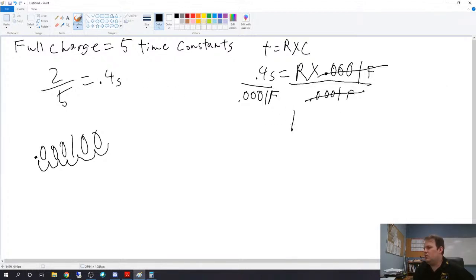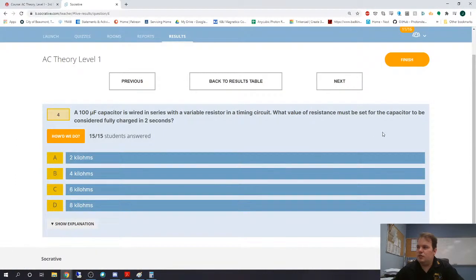And so R is all that we're left with, and it is equal to 4,000 ohms. Survey says 4 kilo ohms. Remember, kilo means 1,000, so that's 4,000 ohms.